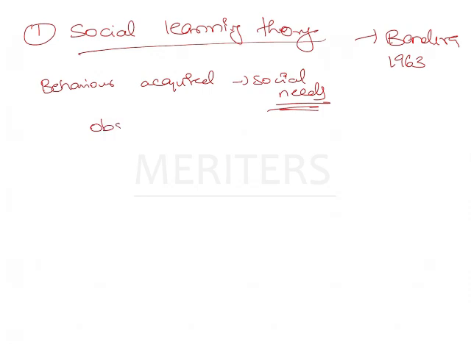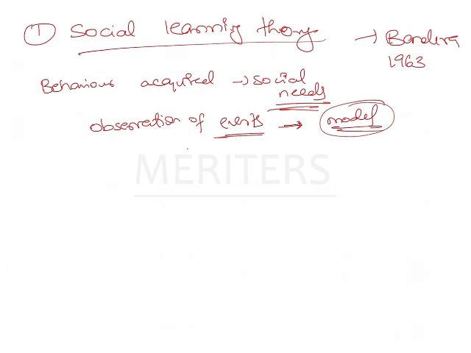So by observation of the events, we are observing someone like a model, observing the behavior of the model, and trying to imitate or replicate the behavior that the model displayed. So this is the social learning theory.